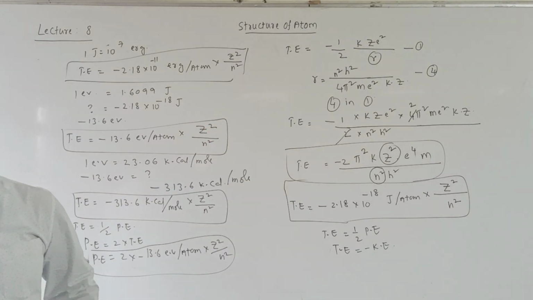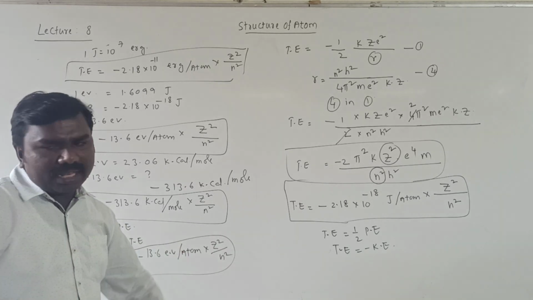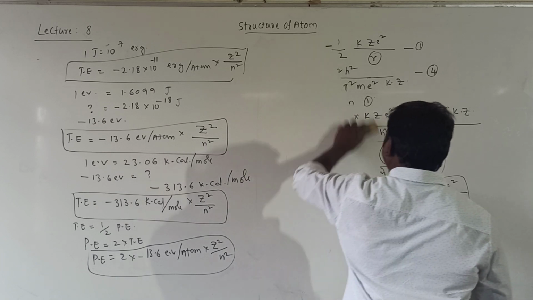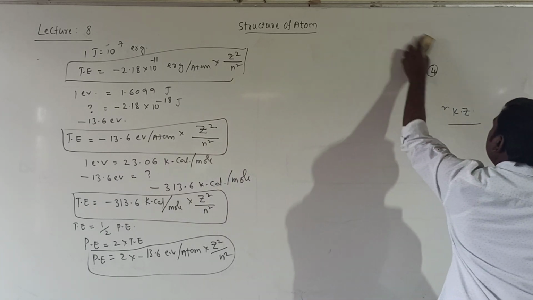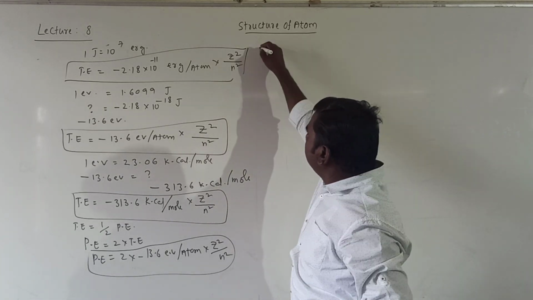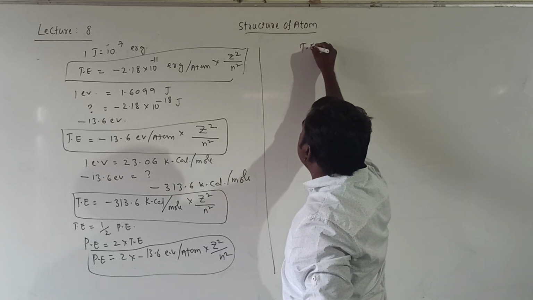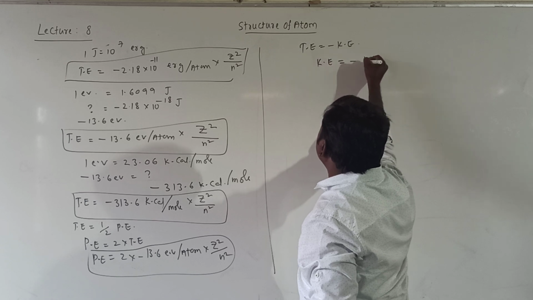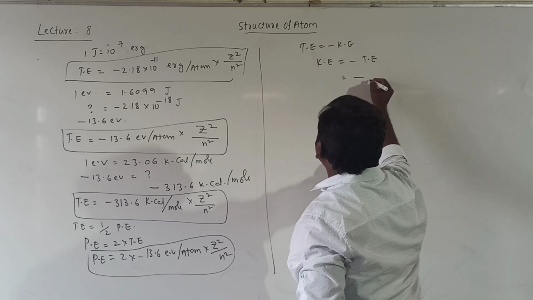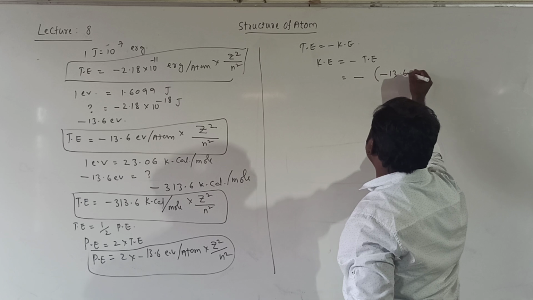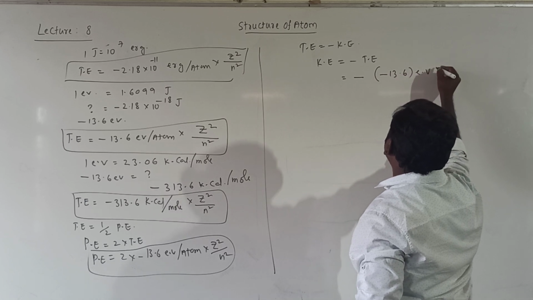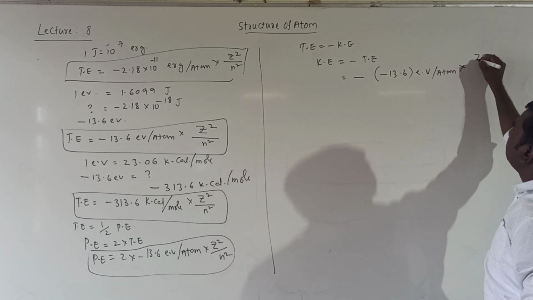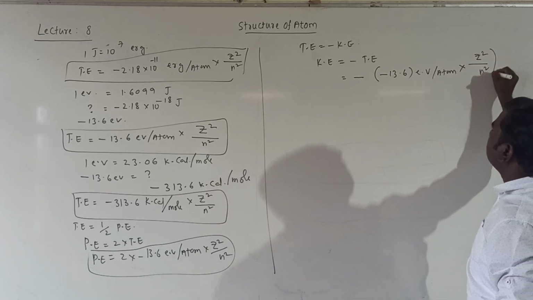Understood already? Similarly, kinetic energy is equal to minus total energy. KE is equal to minus total energy, minus of minus 13.6 electron volt per atom into Z square by n square.